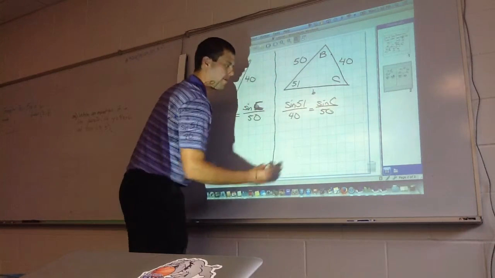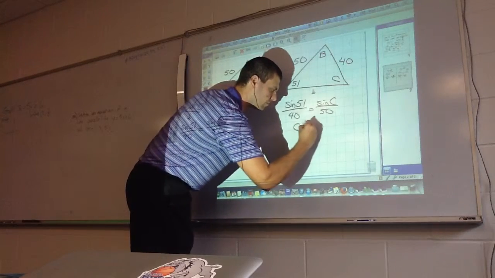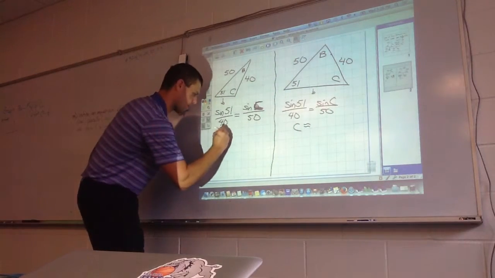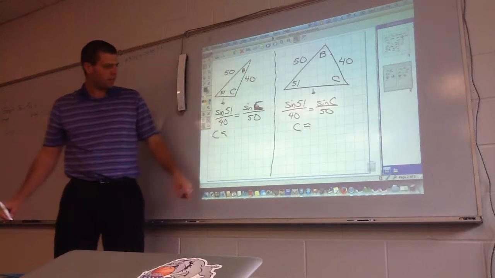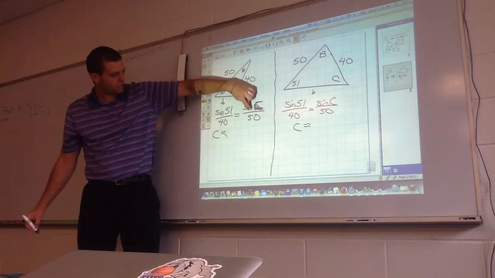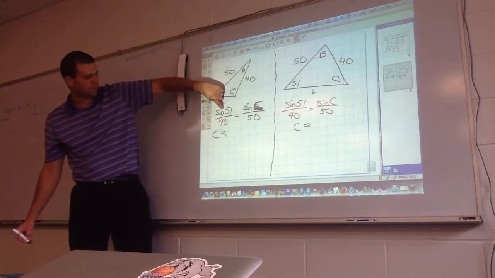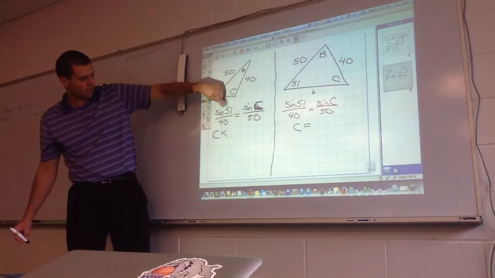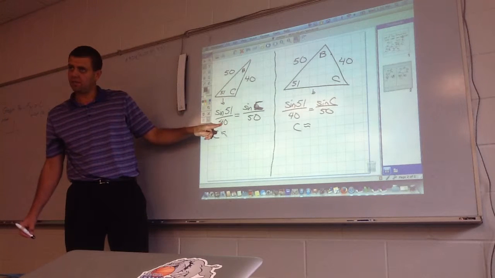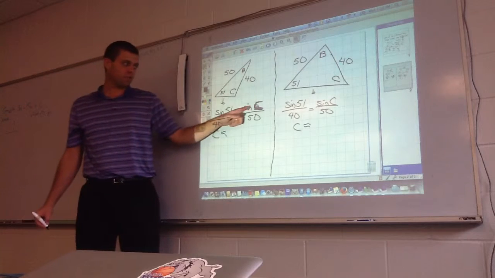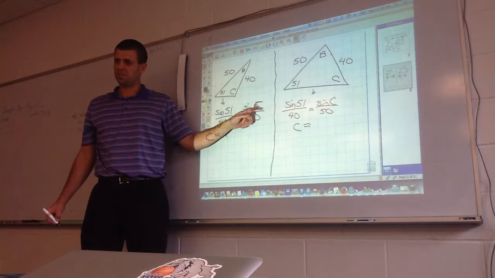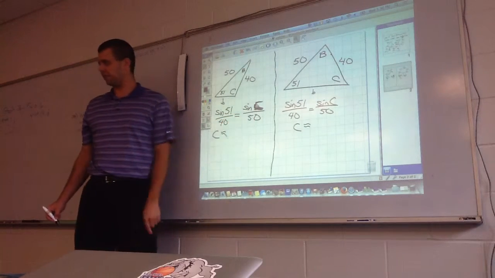Cross multiply. Again, if I'm doing this now, I'm getting good at this stuff, so I'm going to take 50 times the sine of 51. Then I'm going to divide that by 40. And then I'm going to have to do what to solve for C? Inverse sine of that answer.